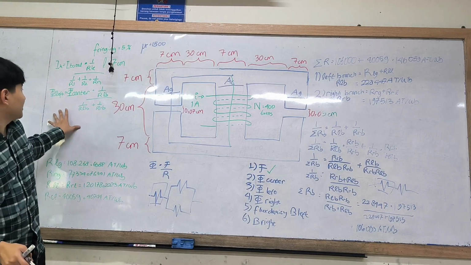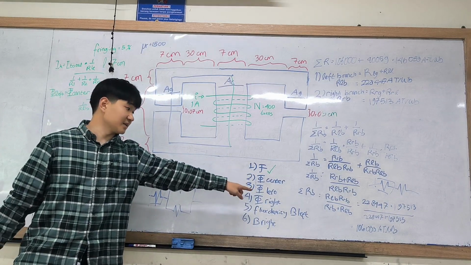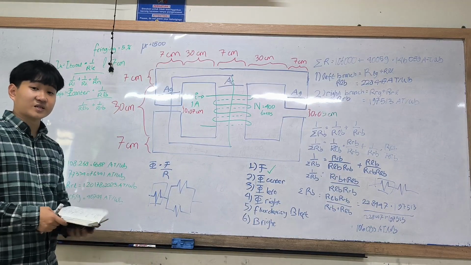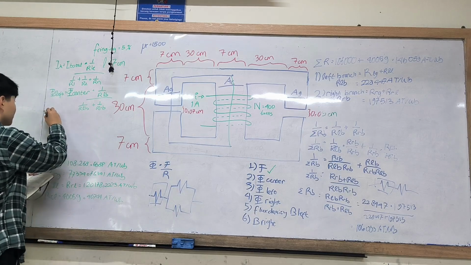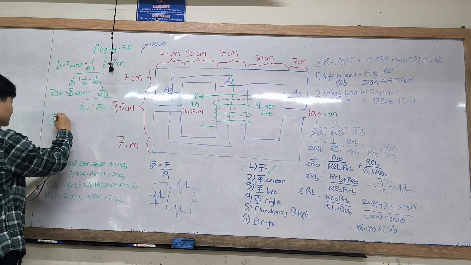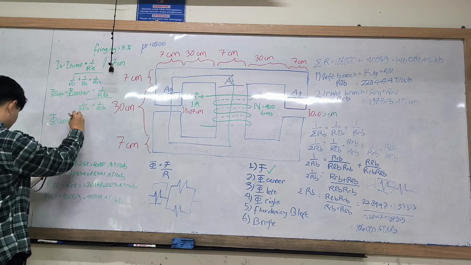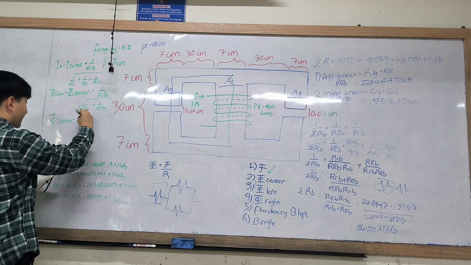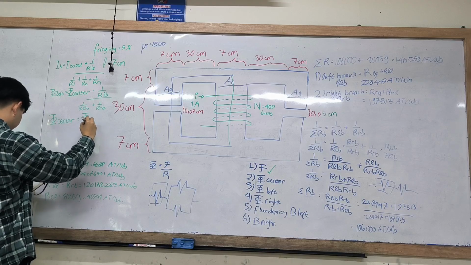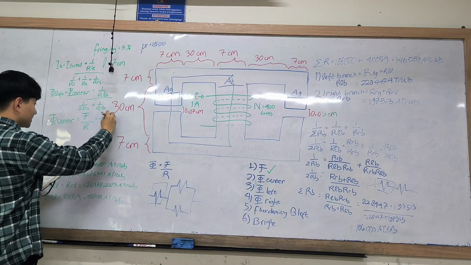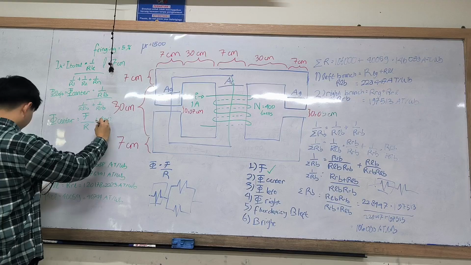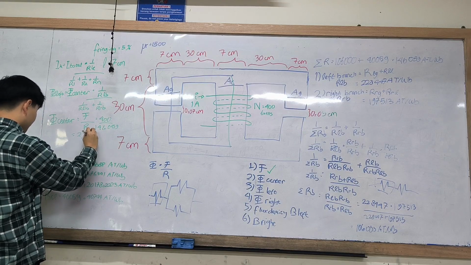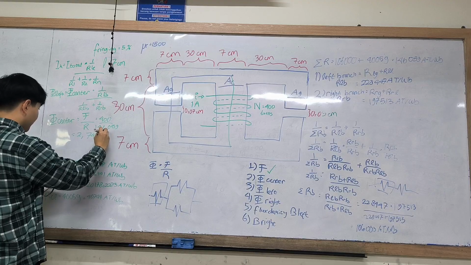This is basically what the formula would look like to find the magnetic flux at the left branch. And as you can see, we must find the magnetic flux for the center branch first. The magnetic flux for the center branch is equal to the magnetomotive force divided by the reluctance, and it will be 400 divided by 146,059, equal to 2.74 times 10 to the power of -3 Webers.